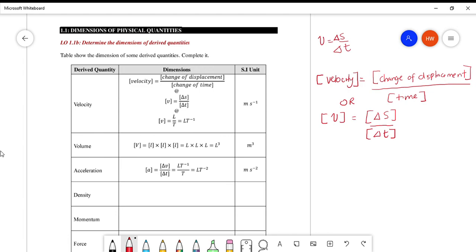So the dimension of v would be equal to the dimension of s, the displacement.